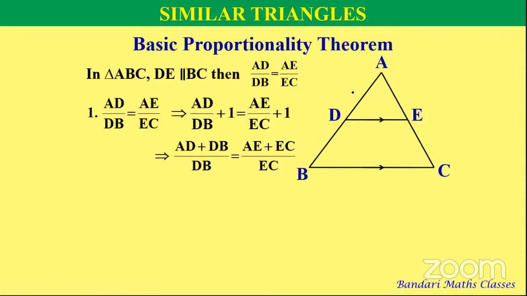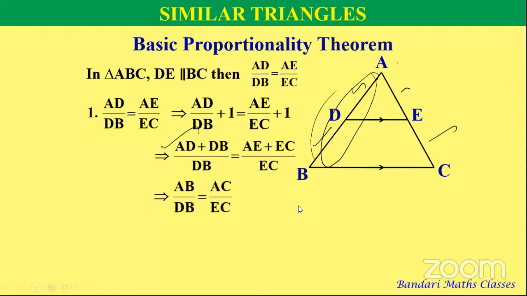This is AD, this is DB, and the whole length becomes AB. AE plus EC: this is AE, this is EC, and their sum is AC. So AB by DB is equal to AC by EC.